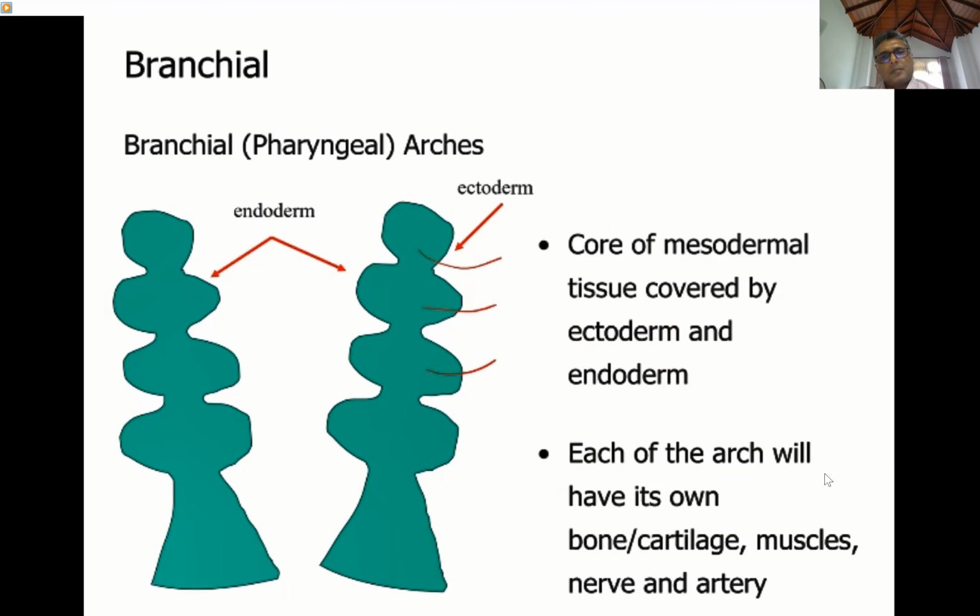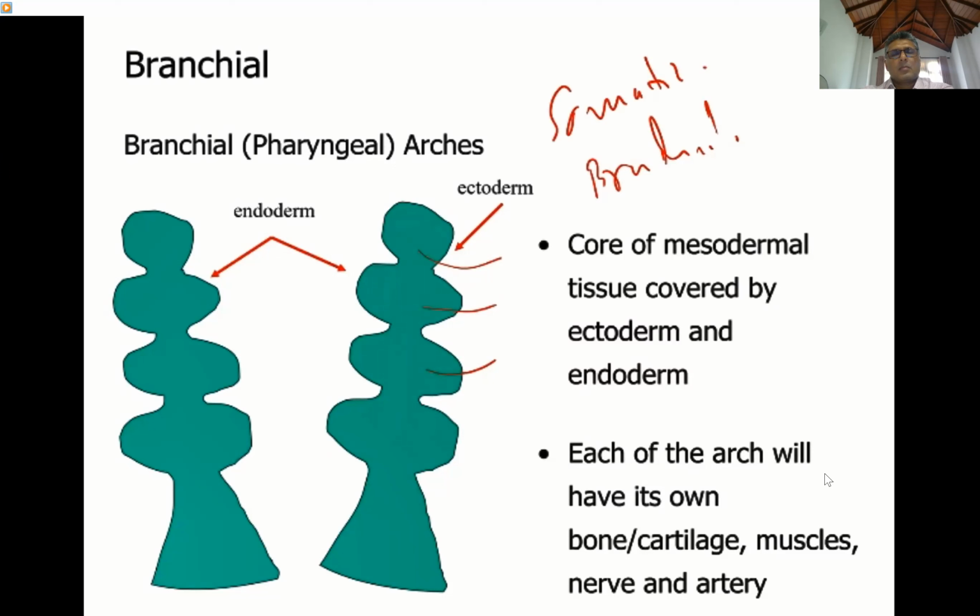Therefore, in the head and neck region, the nerves that supply the structures developing from the branchial arches are called branchial nerves. Now, in the previous one, the nerves that supply the structures developing from the skin and the muscles developing from the somites are called somatic nerves, and here the nerves are called branchial nerves.